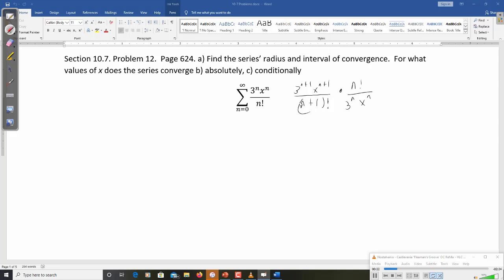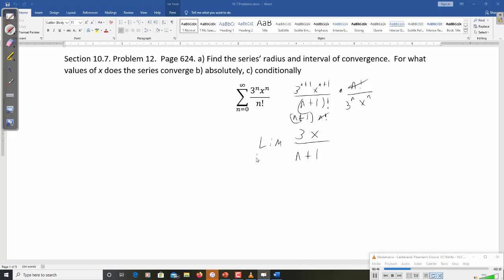This will get us 3 on the top, x on the top. This will cancel out with the n factorial when you take off the n plus 1. So that's 3x over n plus 1.